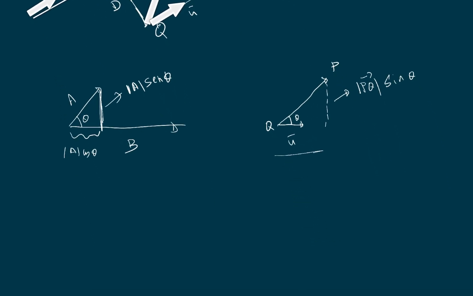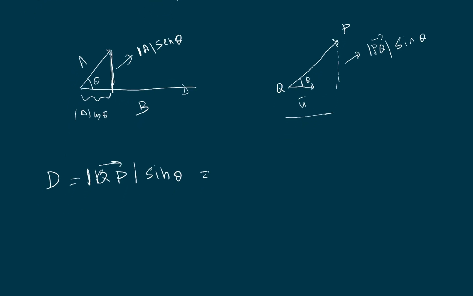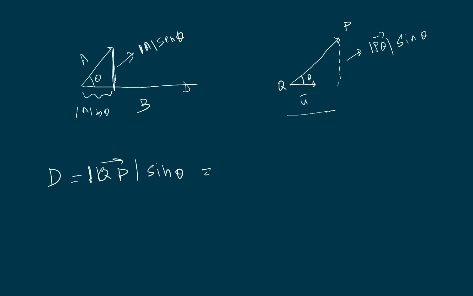So now let's work with this. The magnitude of PQ, or QP, times the sine of theta is the distance d that we are looking for. Let's find this distance using the cross product.